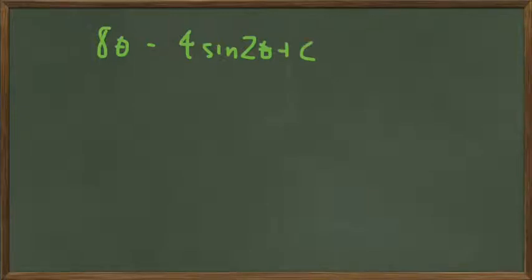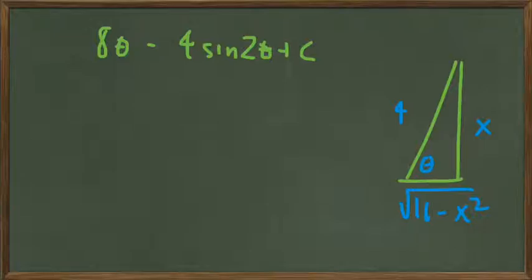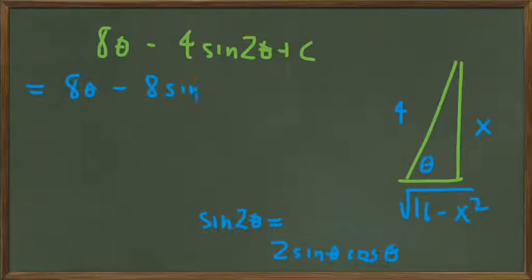We've got this triangle, but the triangle doesn't help us with sine 2 theta. We have to use an identity that sine 2 theta equals 2 sine theta cosine theta. And so then we can rewrite this as 8 theta minus 8 sine theta cosine theta plus c.